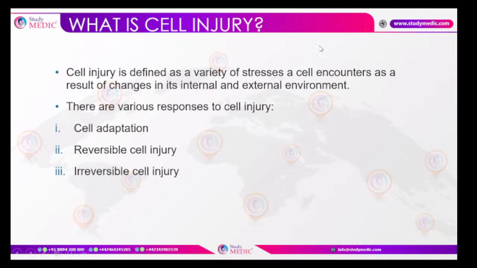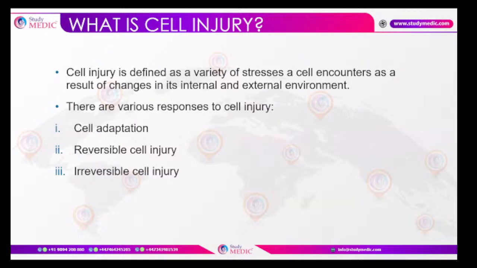So what is a cell injury? A cell injury is defined as a variety of stresses a cell encounters as a result of changes in its internal environment and external environment. Whenever there is any stimulus or any kind of injury, the response from the side of the cell could be adaptation, or a reversible injury, or an irreversible injury.